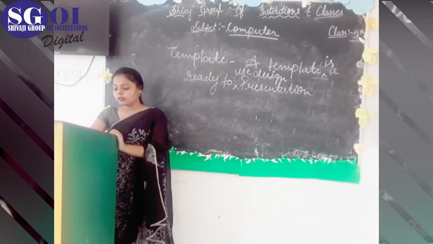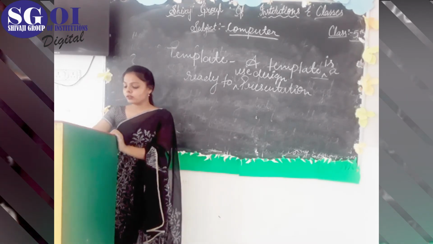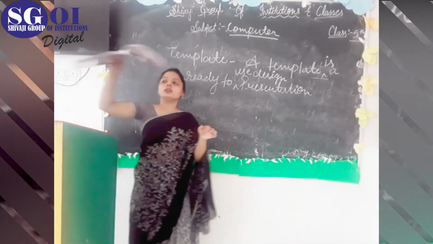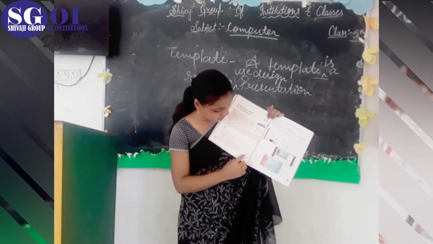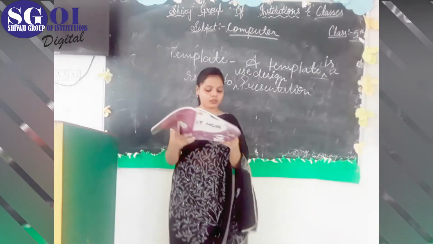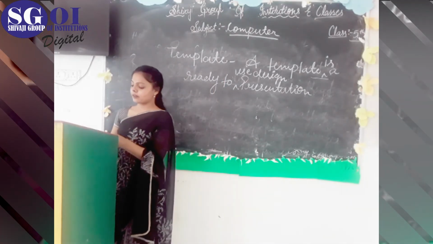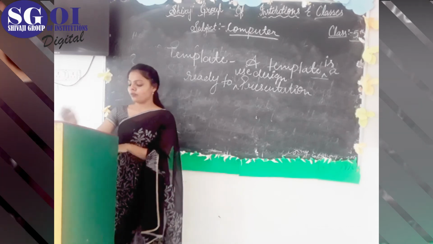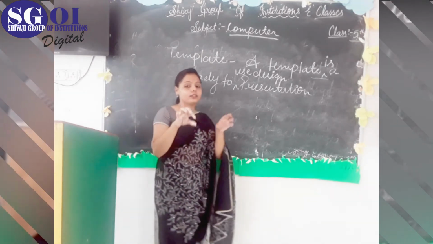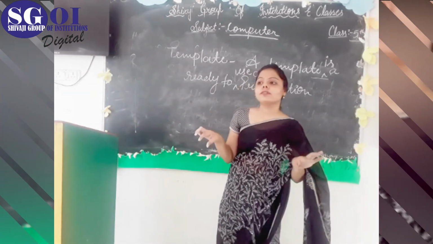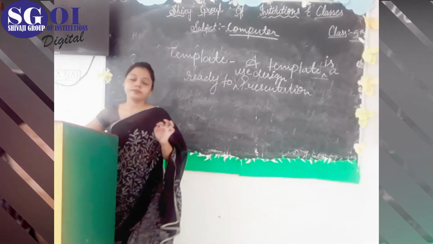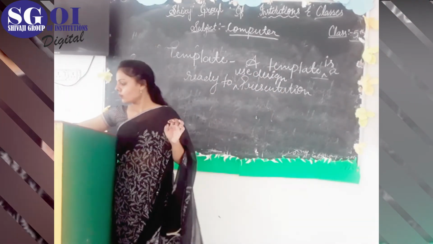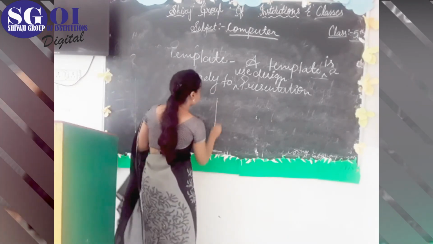A placeholder is a box with dotted borders in a slide where text and pictures can be placed. Students, see here, these are the dotted borders given. These lines say click to add title. This is called the slide layout.